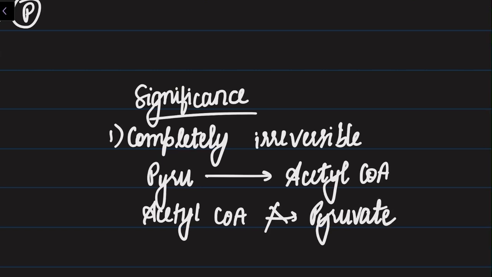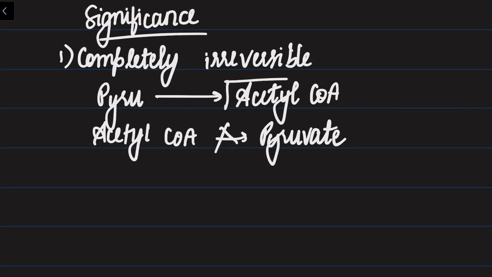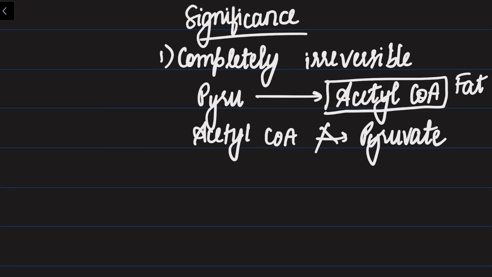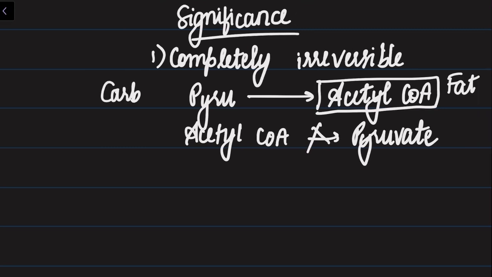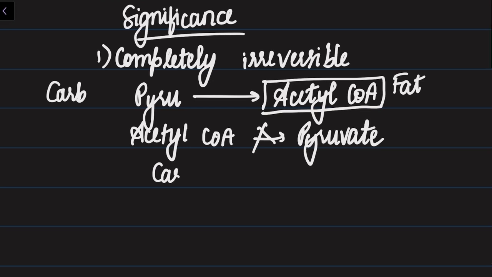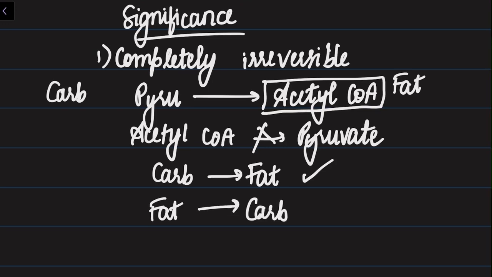If you have learned beta oxidation of fatty acids, you would know that acetyl-CoA is the precursor of fatty acids and fat itself, which means the compound acetyl-CoA represents fat. And pyruvate came from glucose, so that represents carb. So is it possible to get fat from a carbohydrate? Yes. But is it possible to get carb from a fat? It is not.